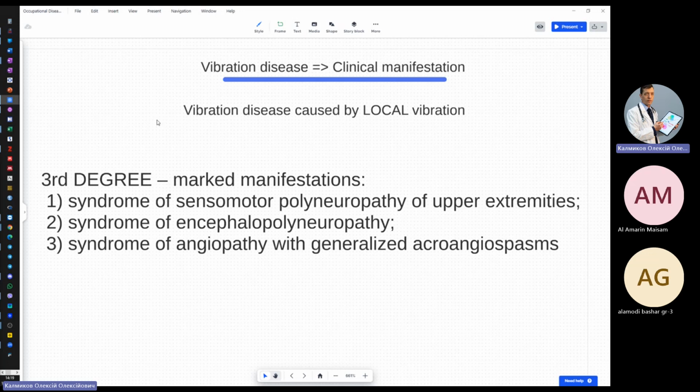Regarding vascular components, if they were mostly angiodystonic with rare angiospasms, mostly of the upper extremities, at the third degree of vibration disease these attacks become generalized, affecting both upper and lower extremities as well. And with even cerebral disturbance of circulation, sometimes this condition may be characterized as transient ischemic attack, yeah, and even stroke sometimes.